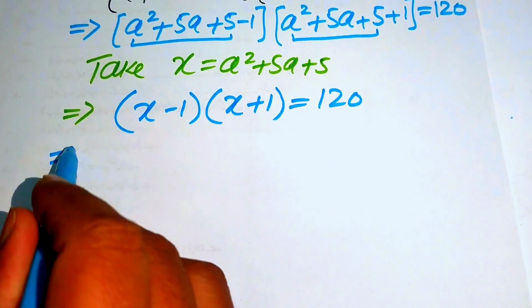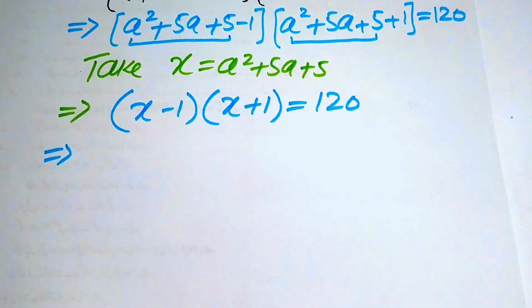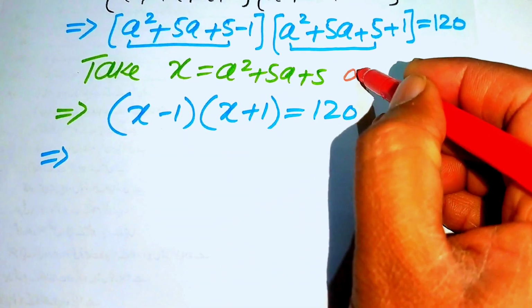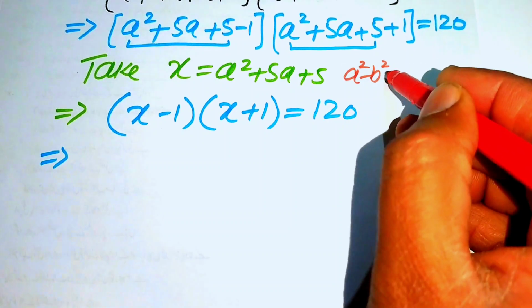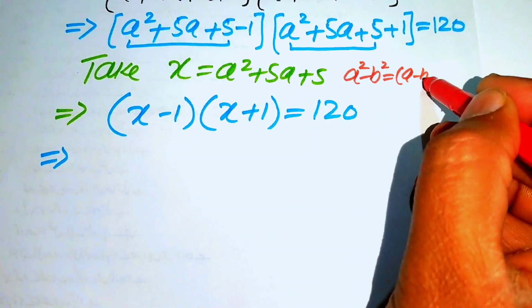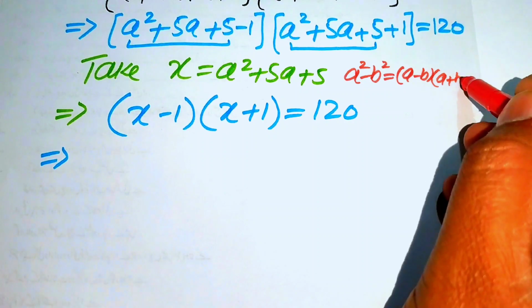Here we use the nice square identity, and you know about this identity: a square minus b square equals a minus b times a plus b.